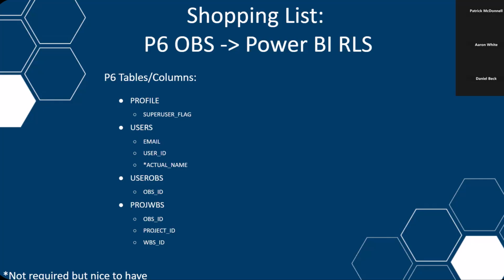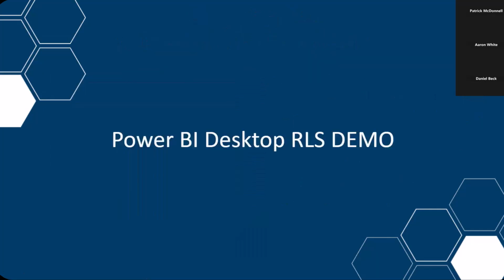So either way works. But in our case, when I walk through this, it is going to be just one table called user OBS RLS. And just keep in mind that it's just all these three tables and all those columns in one place. So it's a little bit easier to read.